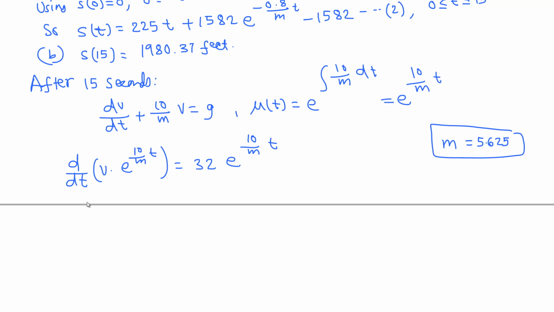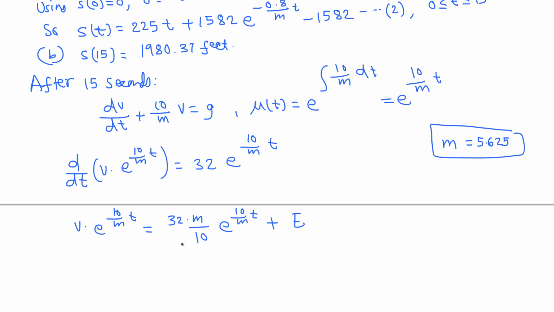Integrate with respect to t, we get v times e^(10t/m) equals 32 times, we divide by 10 over m, so 32 times m over 10 e raised to 10 over m t, plus a constant of integration, let's say e, because c and d are used, you can write c.